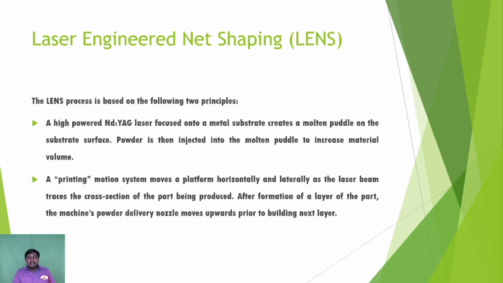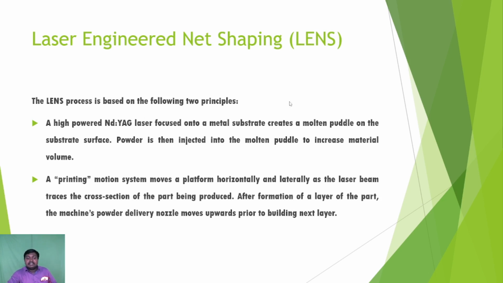After that, the final one is laser engineered net shaping technology. The LENS process is based on two principles. First, a high-powered Nd-YAG laser is focused on the metal substrate, creating a molten puddle on the substrate surface.